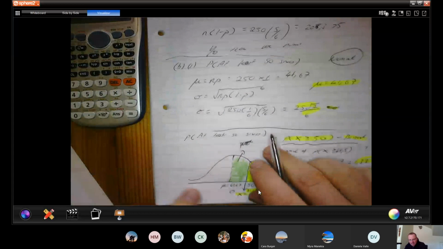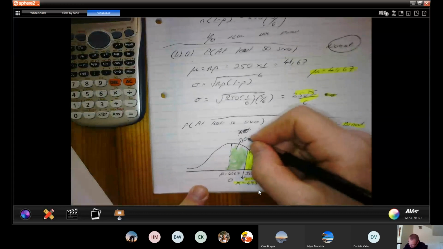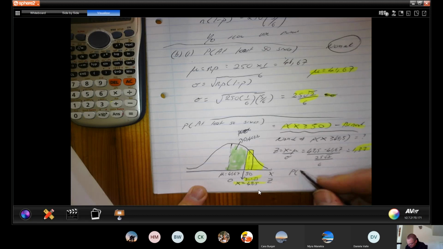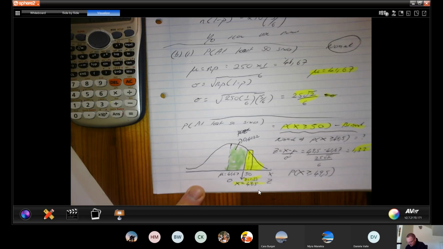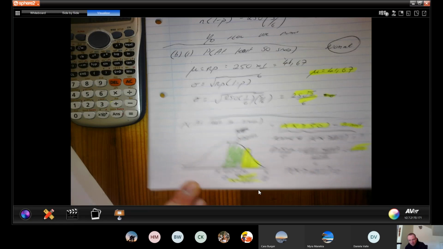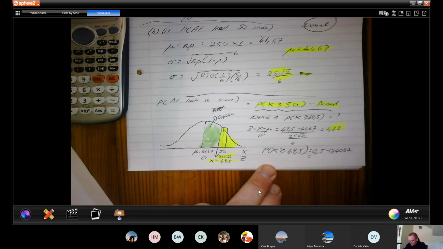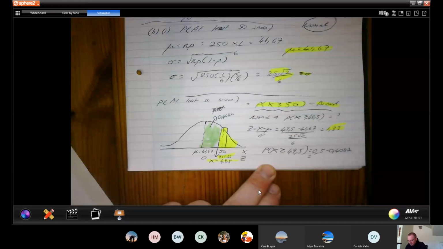So this area is 0,4082. What are we looking for? The yellow area. So the probability that x is greater than or equal to 49,5 is going to be 0,5 minus 0,4082.